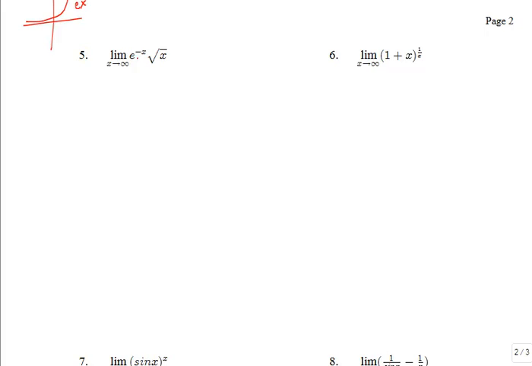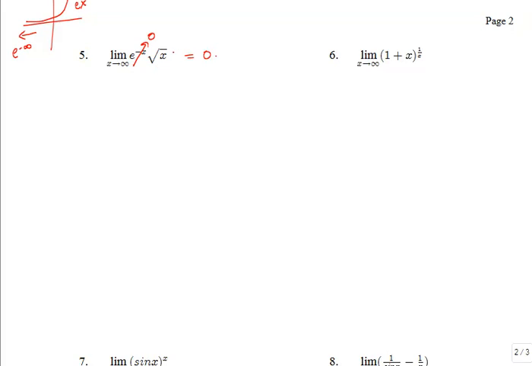If I want to know what e to the negative infinity is doing, negative infinity is in this direction. And as x gets more and more negative, the e raised to that gets closer and closer to 0. We're approaching that horizontal asymptote at 0. So this is actually going to go to 0.